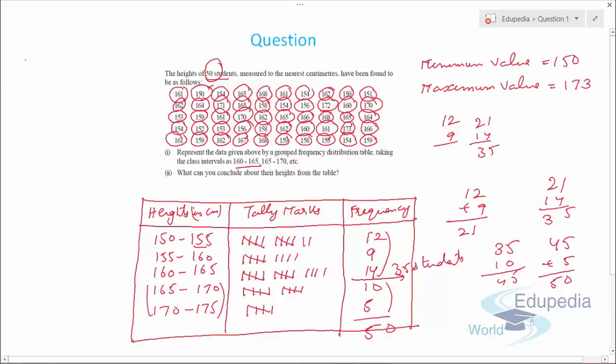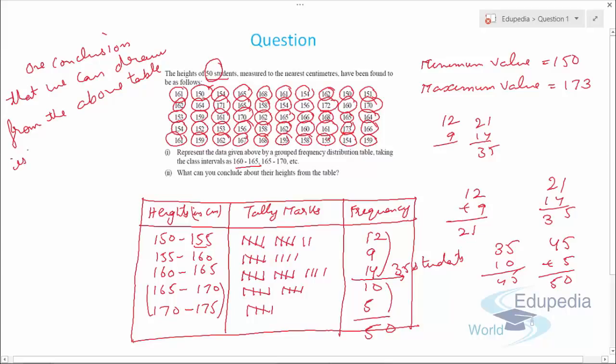So we can say that one conclusion that we can draw from the above table is that more than 50% of students are shorter than 165 centimeter.